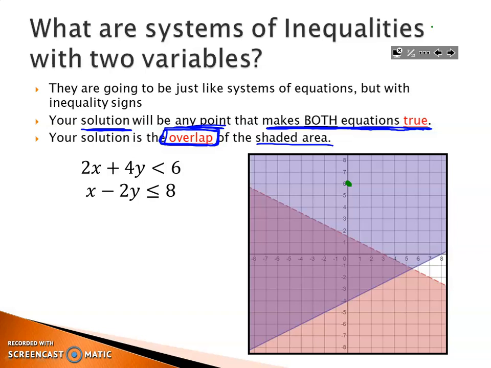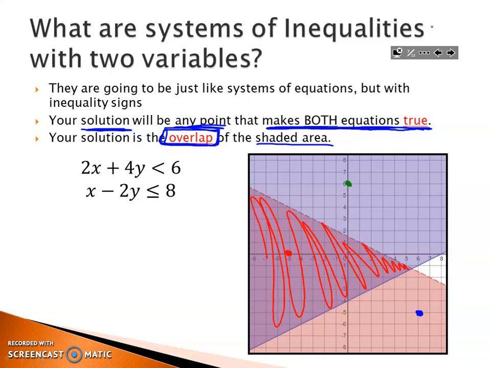It's only true for one of the equations. This point down here is not a solution. It's only true for one of the equations. This point right here is a solution because it is a solution for both of them. So essentially your solution is going to be anywhere in this section here, because that is where the purple and the red overlapped each other.